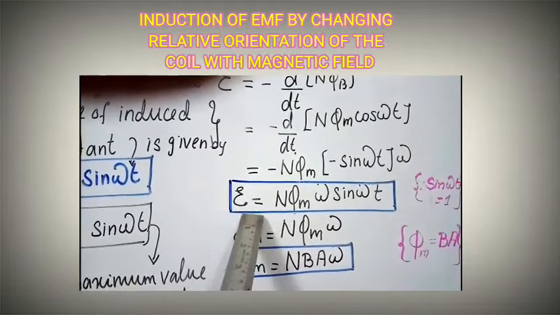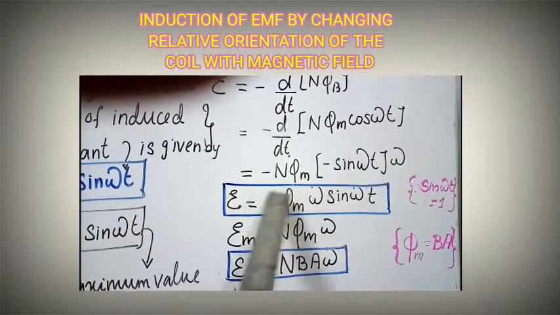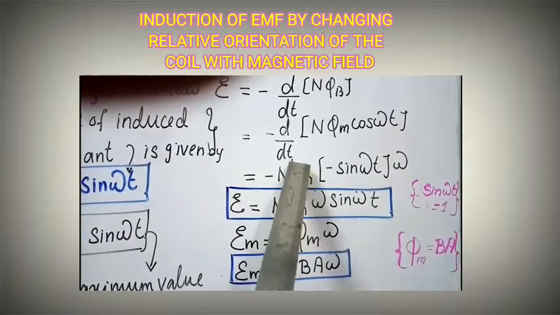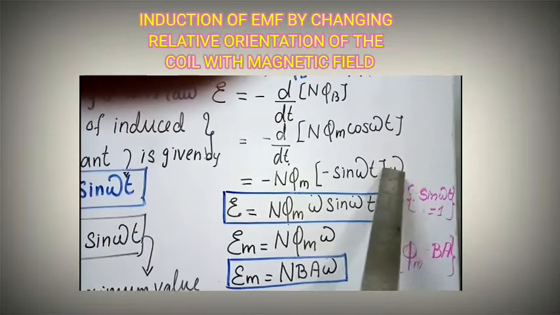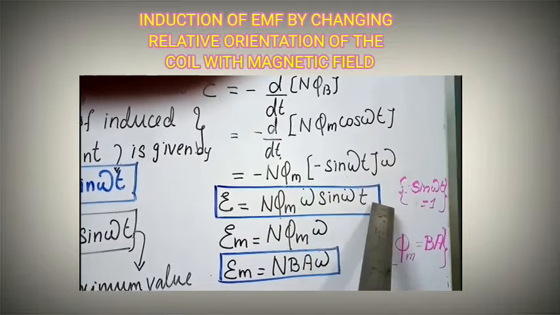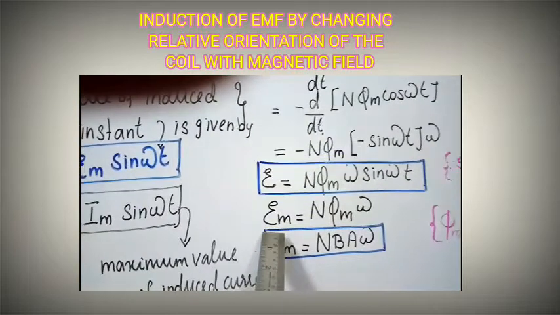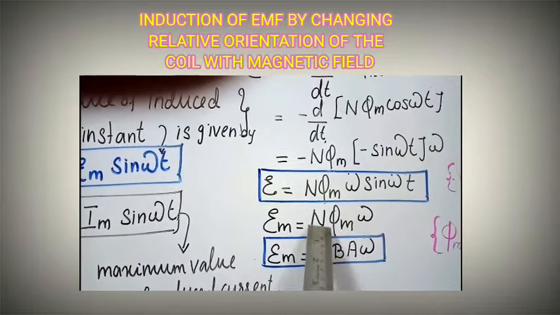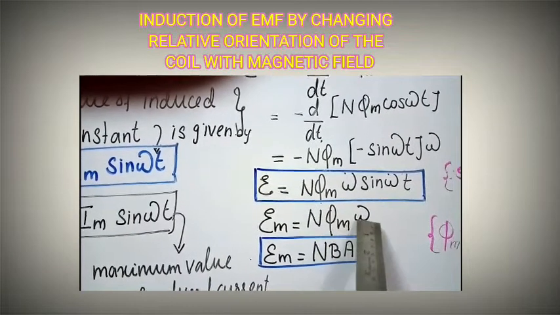Here E is equal to minus into minus, plus n phi m omega sin omega t. The maximum EMF is equal to n phi m omega.